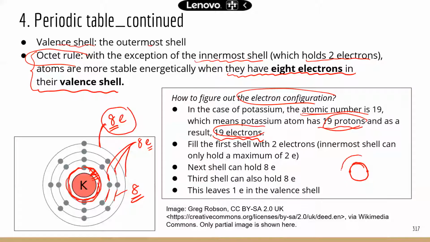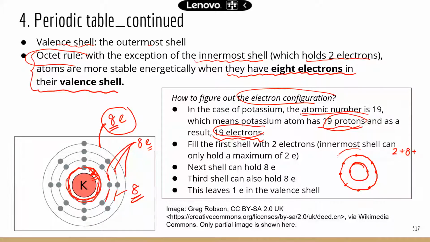Now let's fill out the next shell. The next shell can hold up to 8. So if you have 8 available for this shell, it will definitely hold 8 electrons. So now we have 2 electrons plus 8.